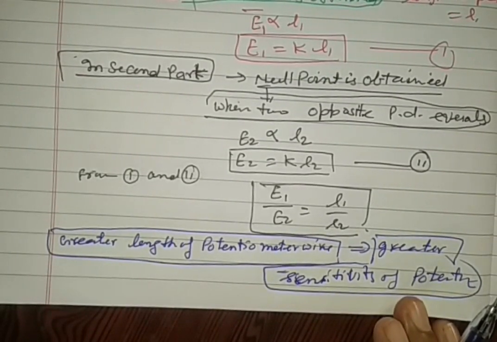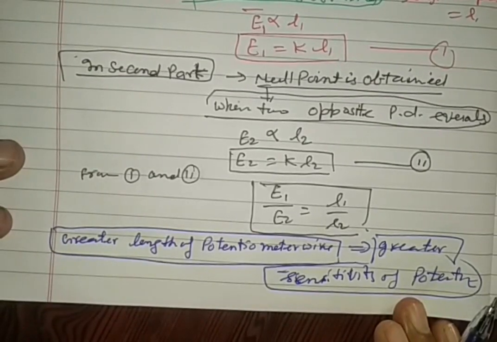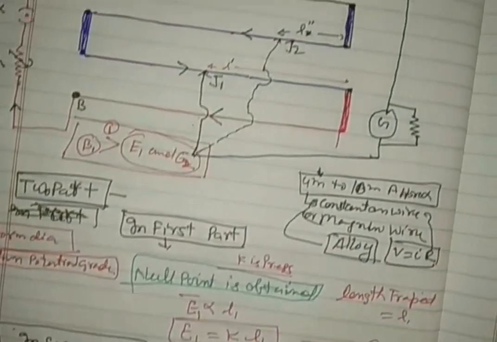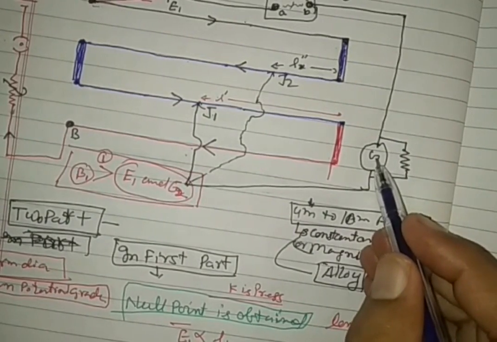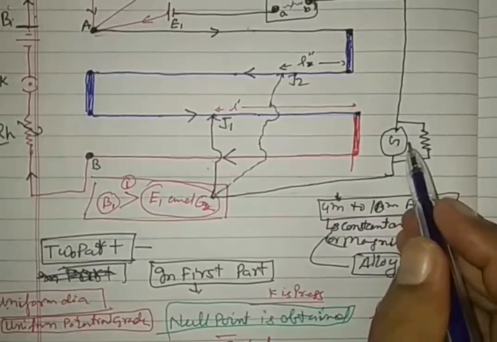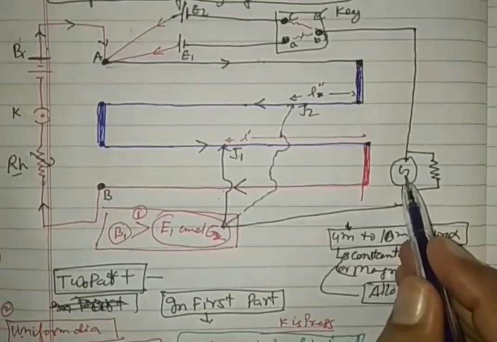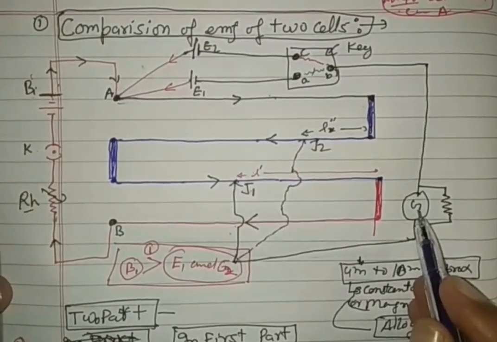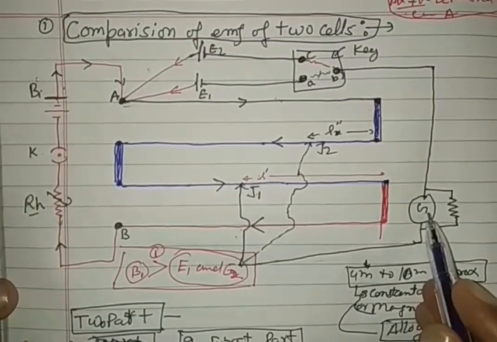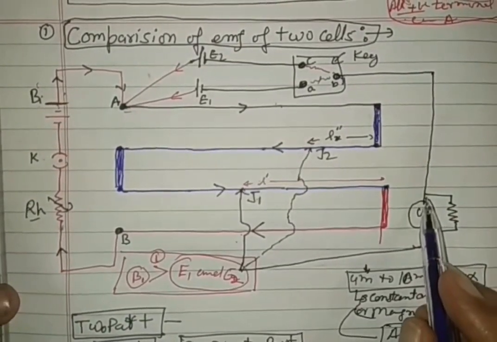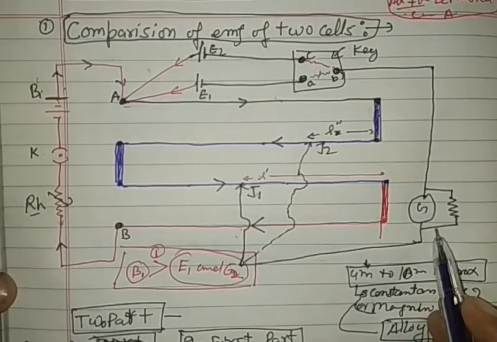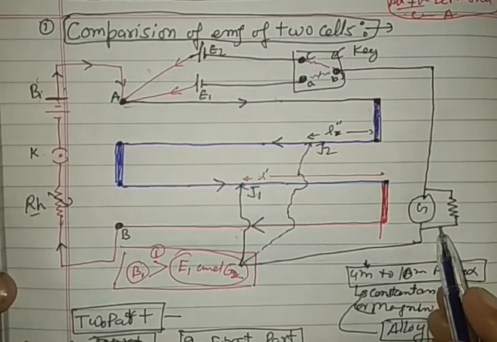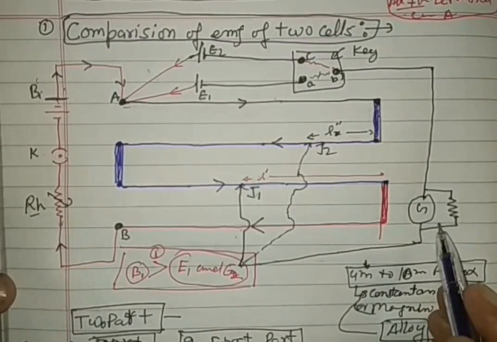Another thing, the galvanometer represented here, because we obtain the null point by the galvanometer. We know the galvanometer is used to check the presence of current in a circuit. If it is showing deflection rapidly, shunt the galvanometer to control the deflection.